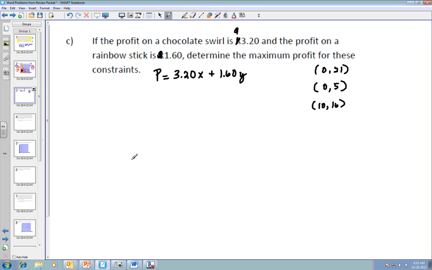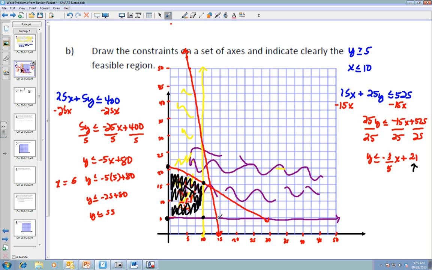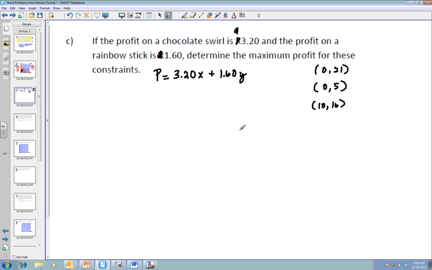And this point right here was (10, 5). I'm going to take each of these ordered pairs, plug them in, and see which one gives me the maximum profit.